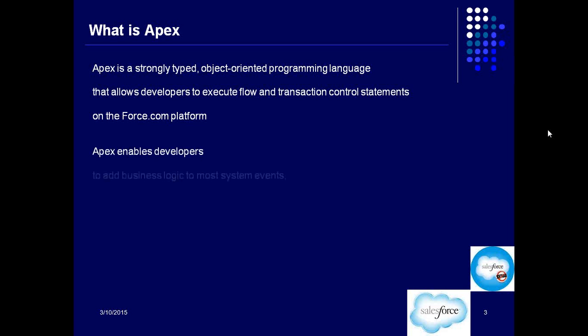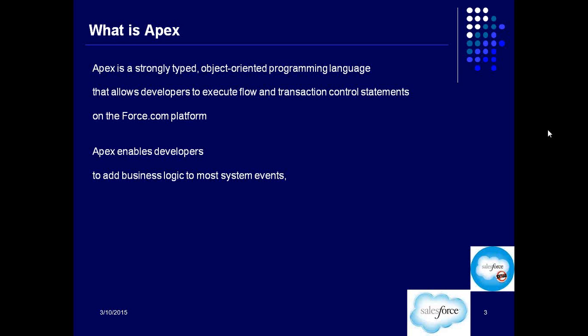Apex enables developers to add business logic to most system events. So this allows you to put your own logics, your own controls. I told you that we will be writing the controller logics from our side. So Apex enables us to write the logics. Let's say someone has entered a certain value and then clicks on that button, that value should be checked, and if that value meets certain criteria, an email should be sent.